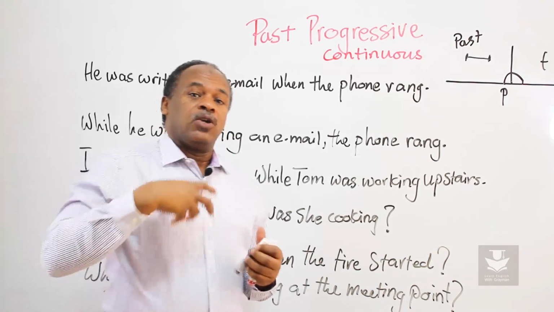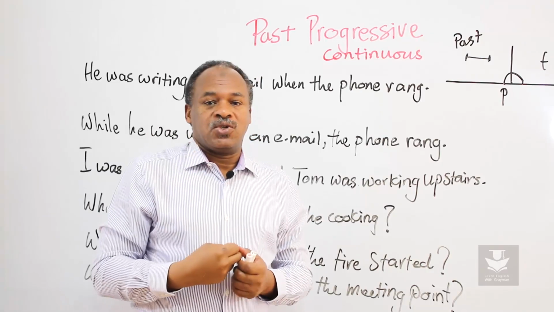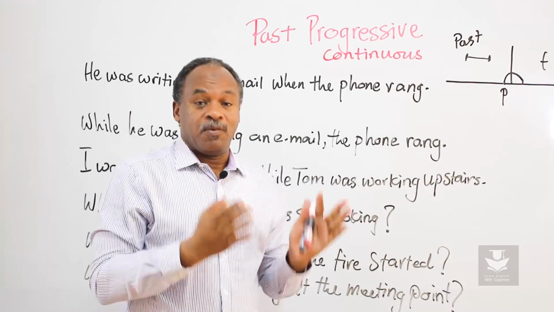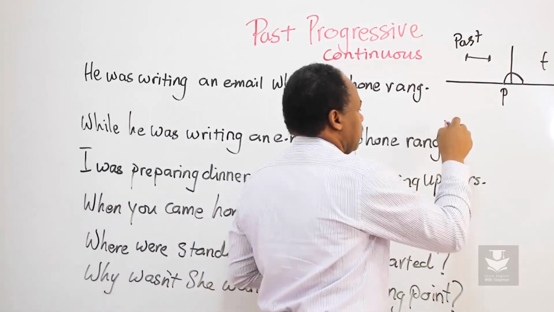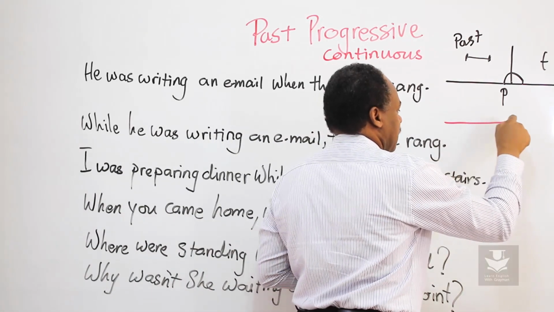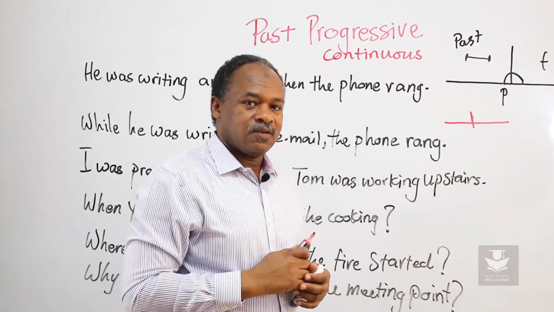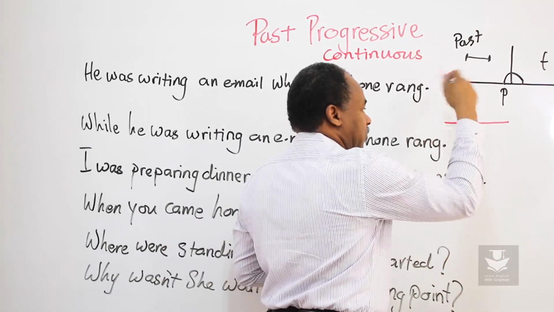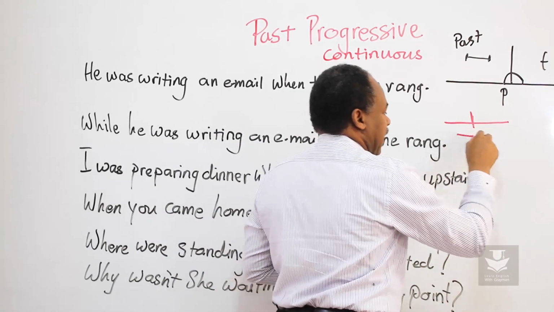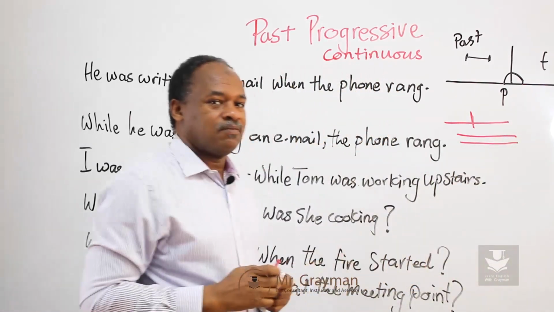And we use it in order to talk about two actions that happened in the past. One action was happening, the other action interrupted it. Okay? The other way we use it, two actions happen at the same time.